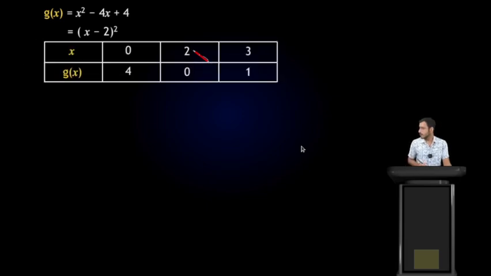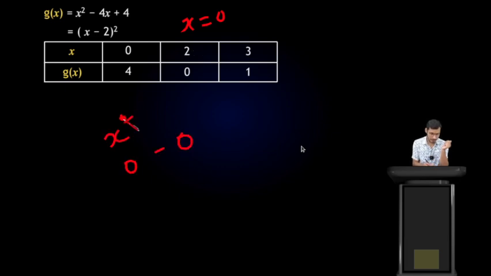Now when we substitute x equal to 0 in the equation, you can see the answer is g(x) is 4 here. When we substitute x equal to 0, so x square is 0, minus 4x is 0 plus 4, so the answer is 4.